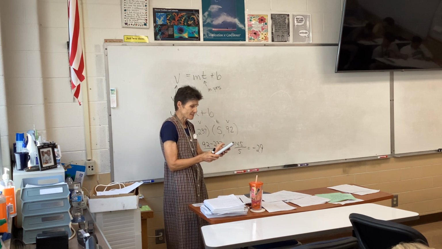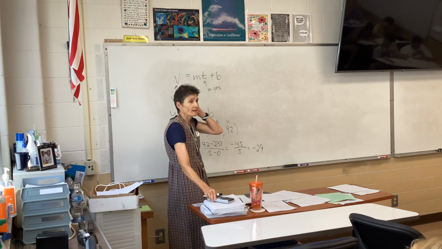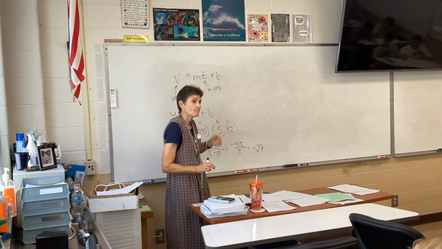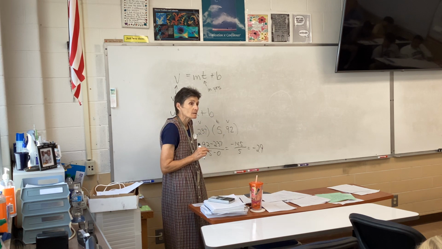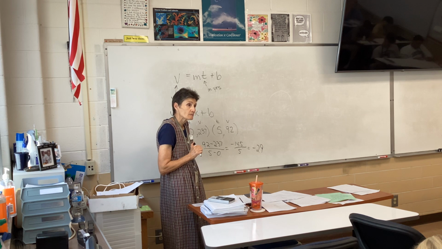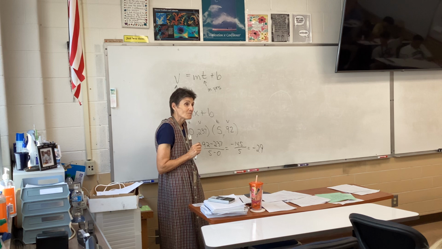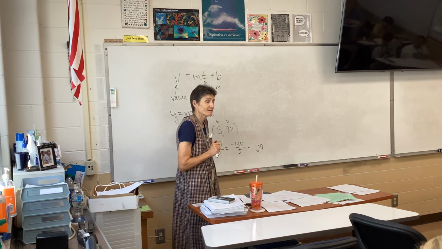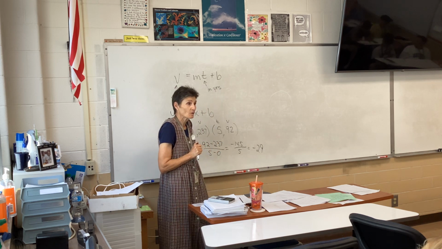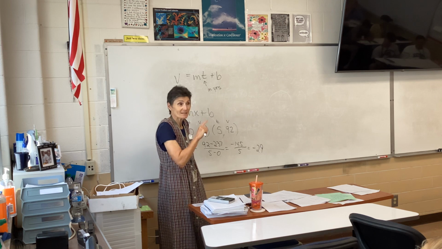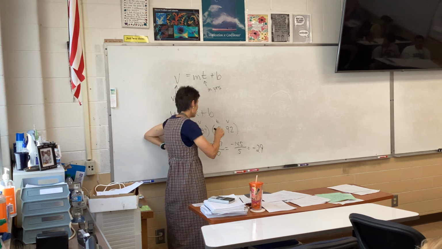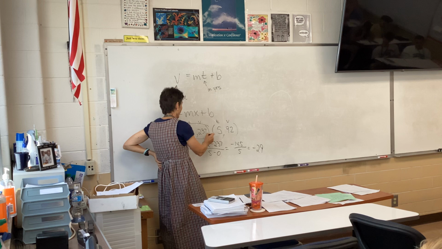Does that make sense? Yeah, why, Nyla? Because the, what's happening to the value of the bike? It's going down. It's called depreciation. So it makes sense that this is going to be negative. So I'll pick a point. How about this one?